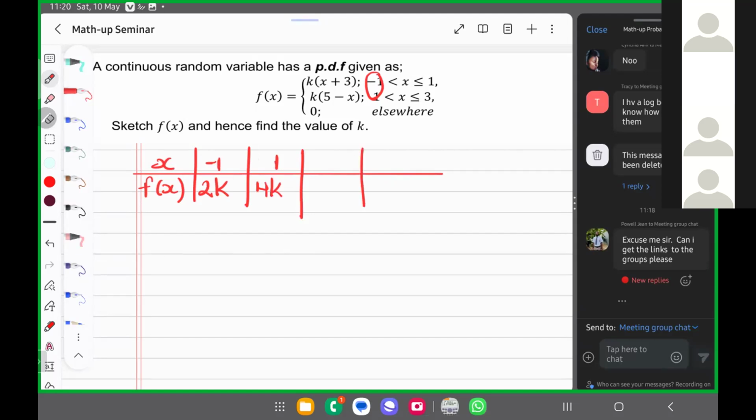Then we still had 1 in the next equation, where f of x is equal to k into brackets 5 minus x. So when x is equal to 1, I'll still have 4k. It will be 5 minus 1 to give me 4. So 4k. Then when x is equal to 3, I'll have 5 minus 3, which is 2. Therefore, I'll end up with 2k. So I can use those values to sketch my PDF.